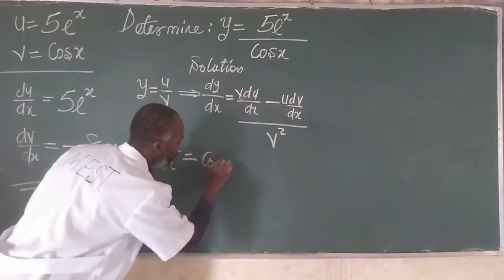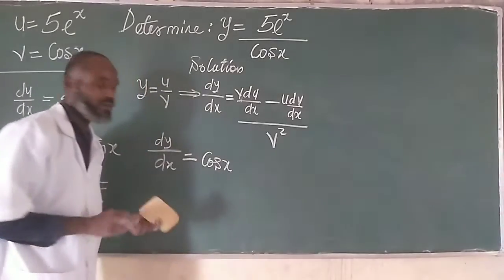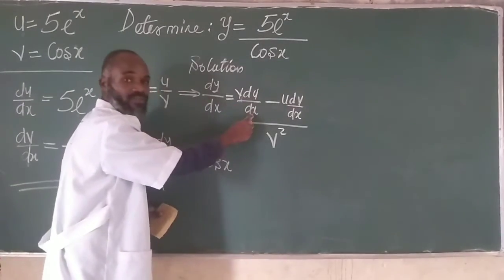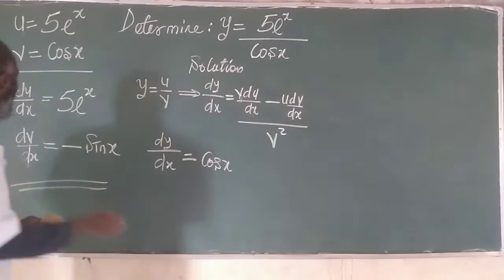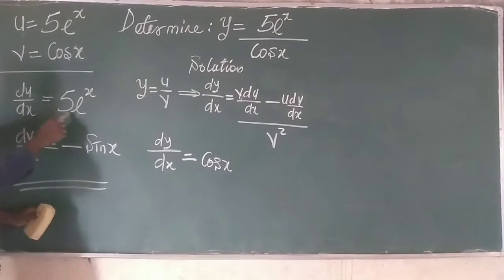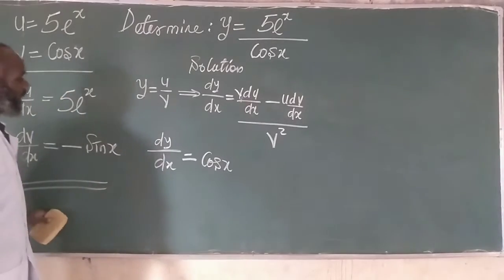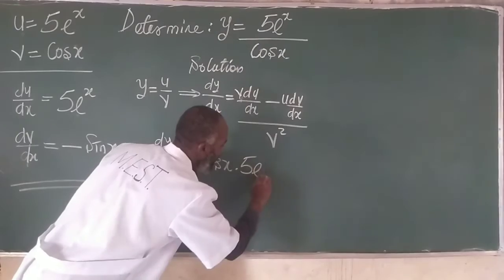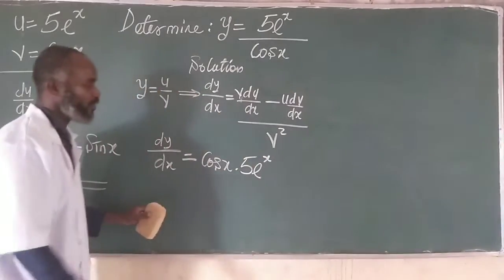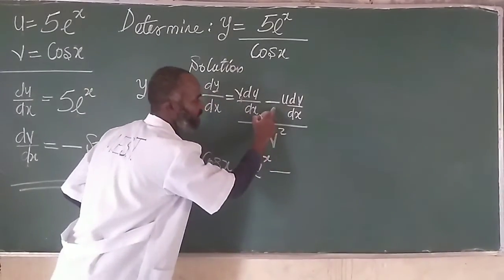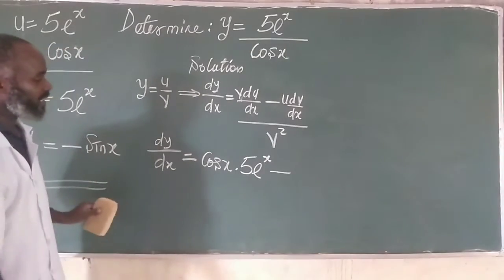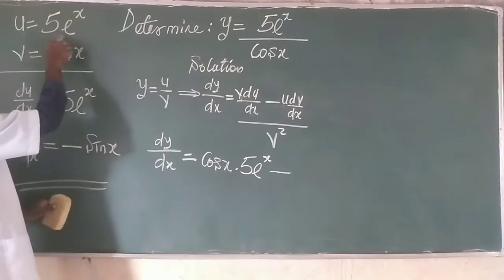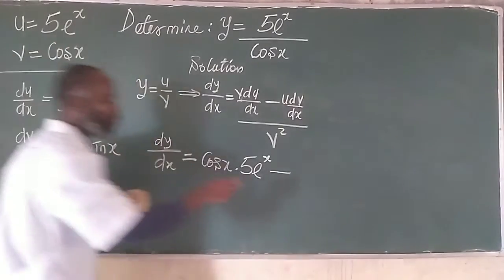Then the next one is du/dx. Our du/dx is 5e^x. We put the minus sign as is found in the formula. The next one is u, which we keep. Our u is 5e^x again, we put it there.